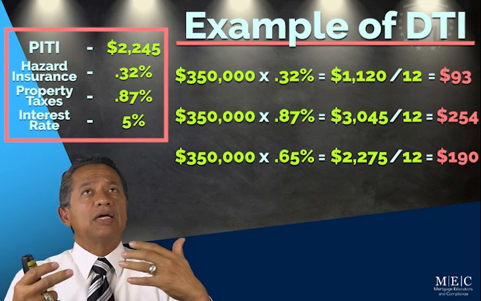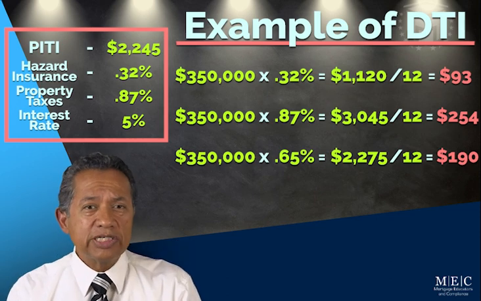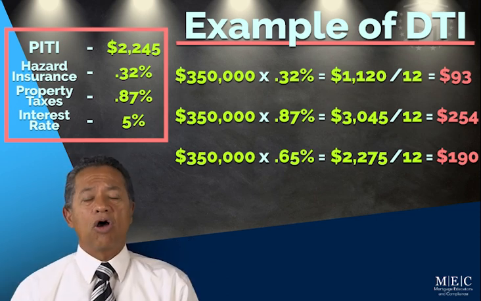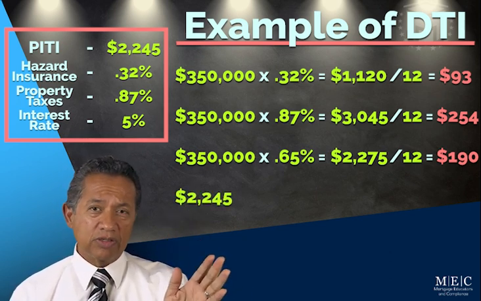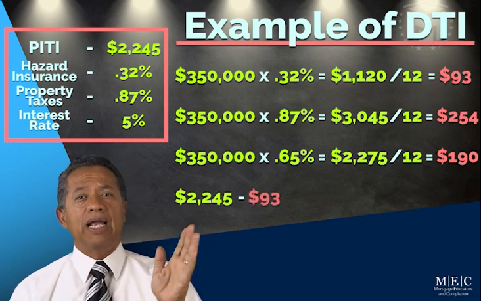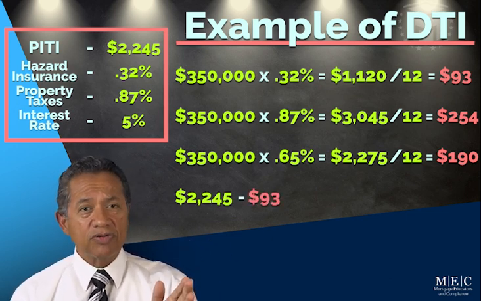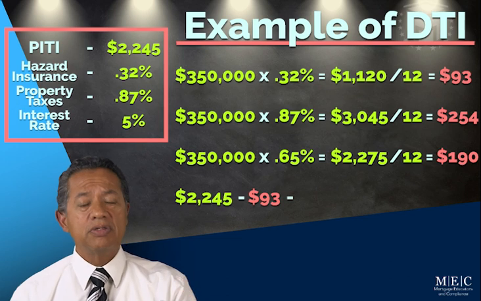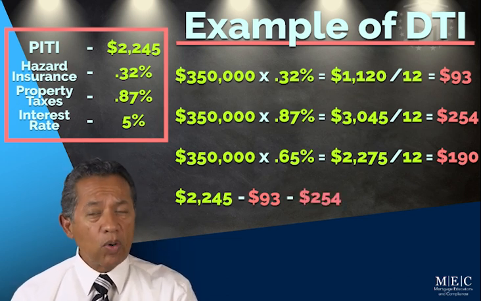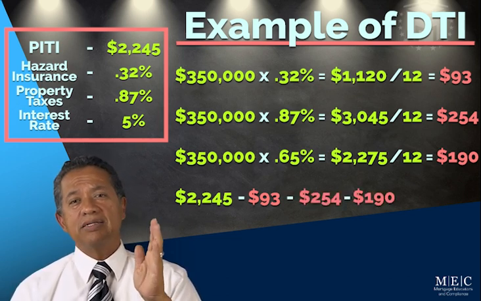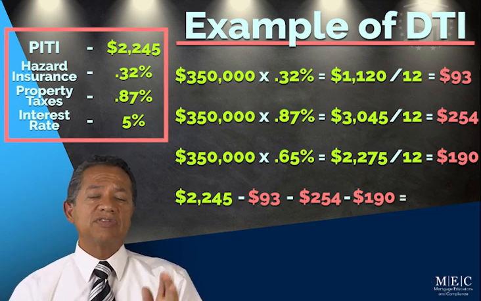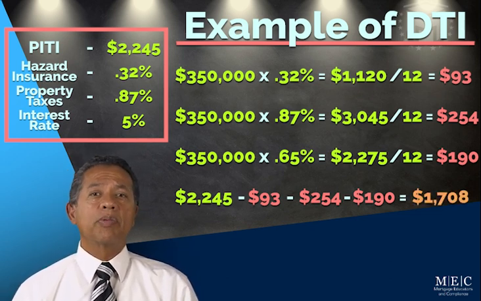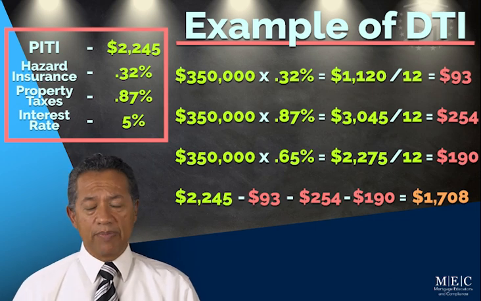But for determining a housing ratio, let's now take all of the numbers together. We have the 2245, which was our total based on our ratios, minus $93 for our hazard insurance, minus $254 for taxes, minus $190 for monthly mortgage insurance, leaves us $1,708 for our principal and interest payment.